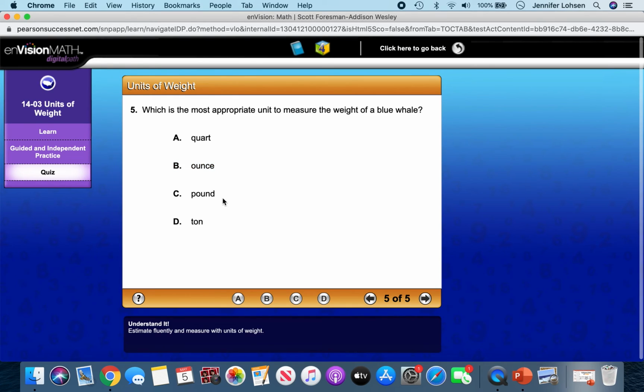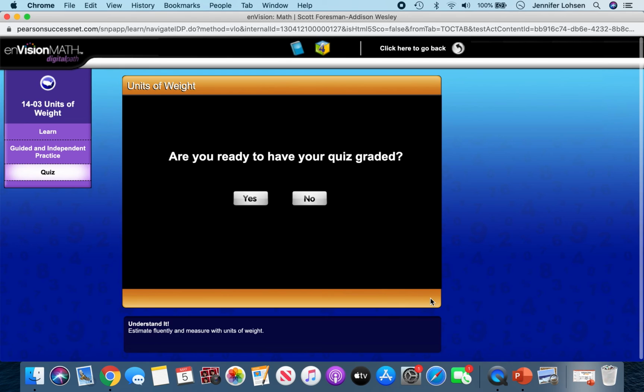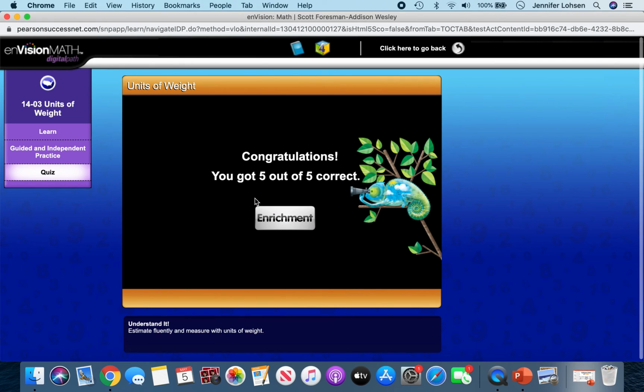So then we have pound and ton. Now, this is the largest animal in the world. Do you think it would be more appropriate for us to measure it in pounds or for us to measure its weight in tons? If you said tons, you are absolutely correct. So let's see how we did. Drum roll, please. And we got them all correct.